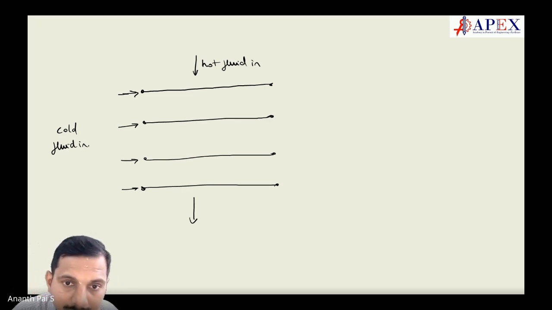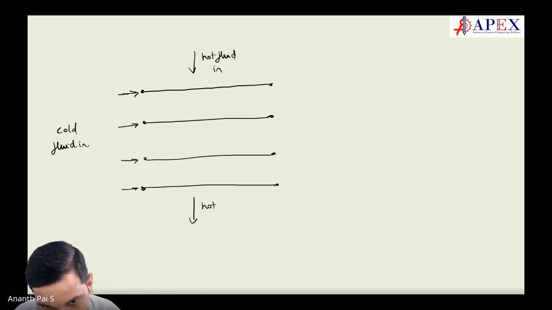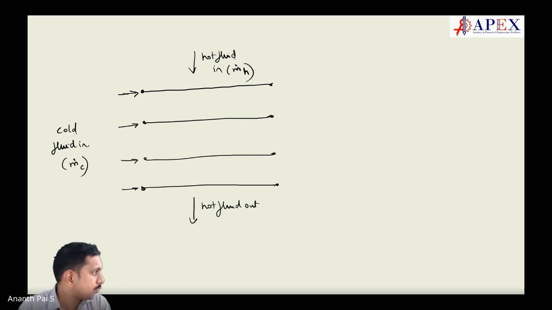Sorry, let us put it like this. Hot fluid in, and this is hot fluid out. Let us say this is going in m dot h, and this is coming in m dot c. So m dot c is the cold fluid mass flow.